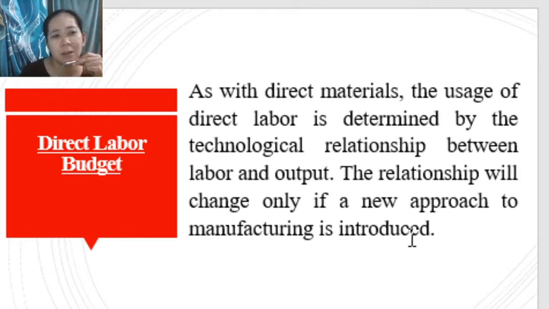It still has human intervention, but if the company has other means to produce without using labor hours, then this is the only way that we can change it. However, normally there is this relationship between labor and output in terms of production.